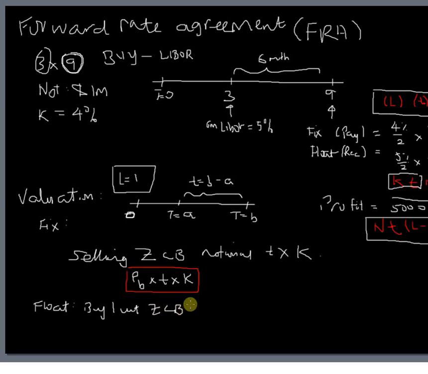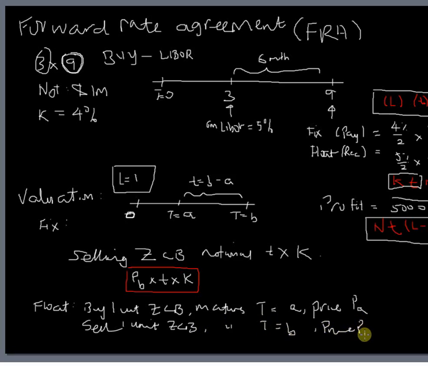We can replicate this by buying 1 unit of zero coupon bond that matures at A, with current price denoted as P to the power of A. We can also sell 1 unit of zero coupon bond maturing at T equal to B, with price denoted as PB.